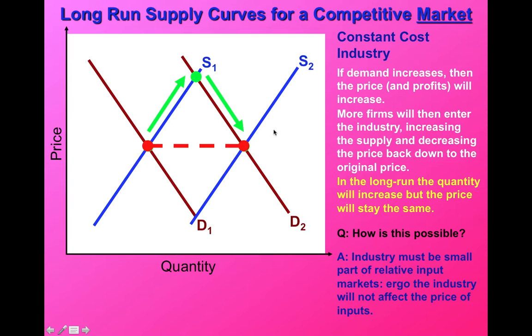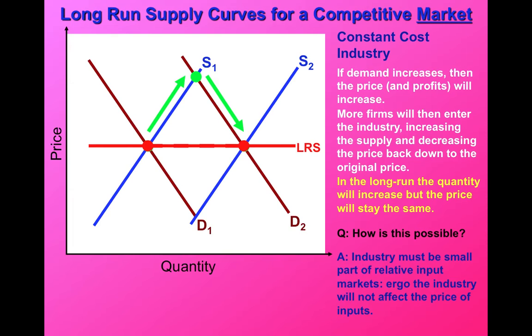If the costs were the same, then supply is going to just keep creeping up until we reach another long-run equilibrium and everybody's breaking even and they're earning zero economic profits. So our long-run supply curve ends up looking like this, a straight line, a flat line.